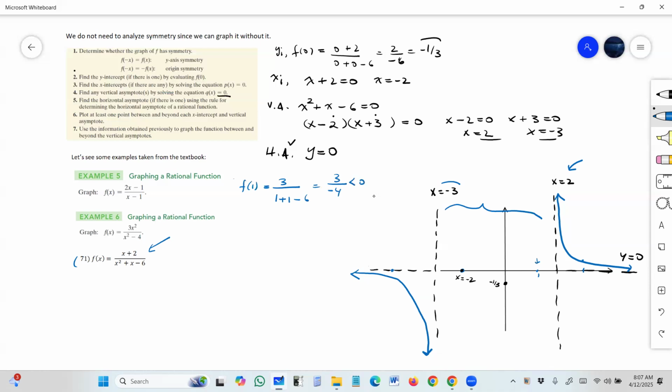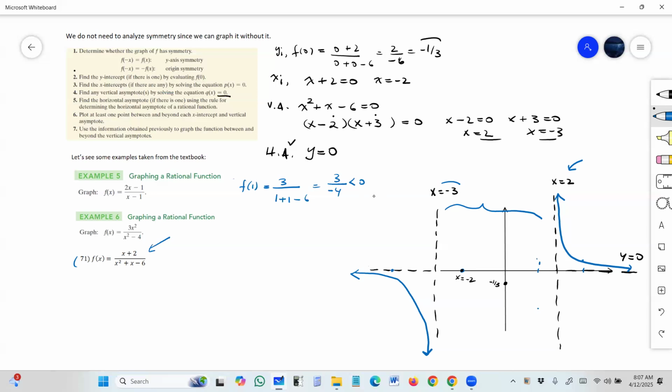So this is obviously less than 0. So at 1, I am here somewhere. Actually, I'm here somewhere, right? Because negative 1 over 3 is negative 0.33. Now, so this is enough. I didn't even need this point, right? I didn't need the point 1.